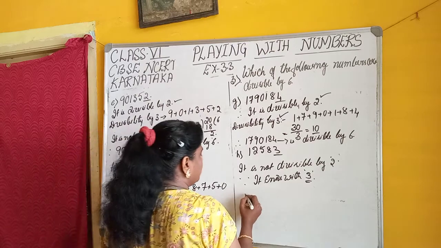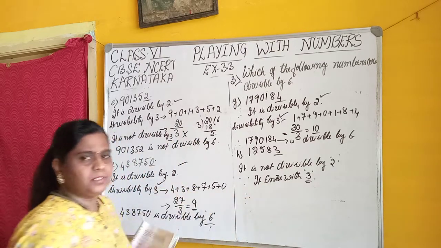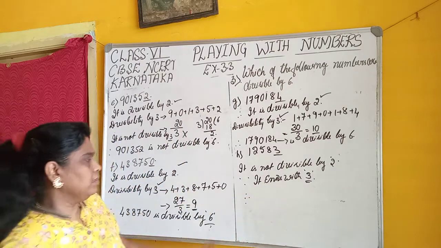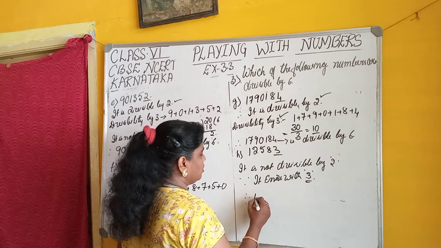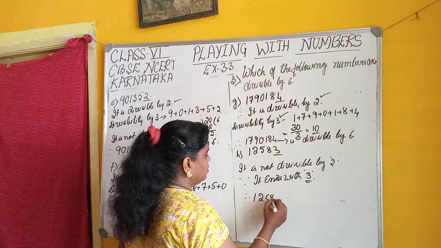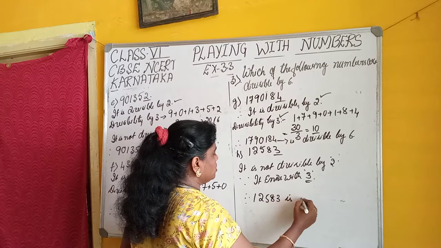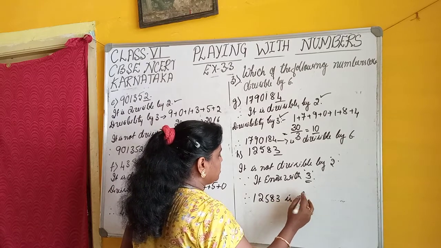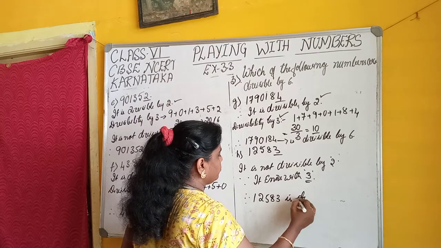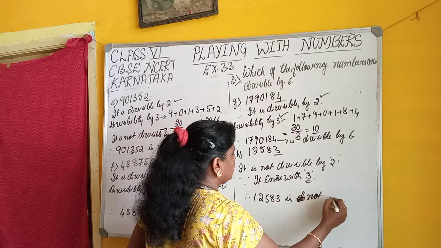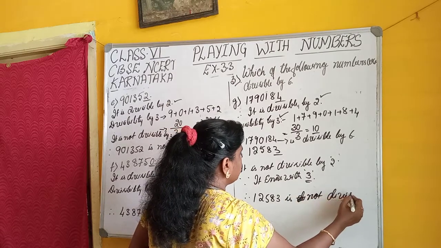Therefore, it is not necessary to check the divisibility for 3. Directly you can write 12583 is not divisible by 6.